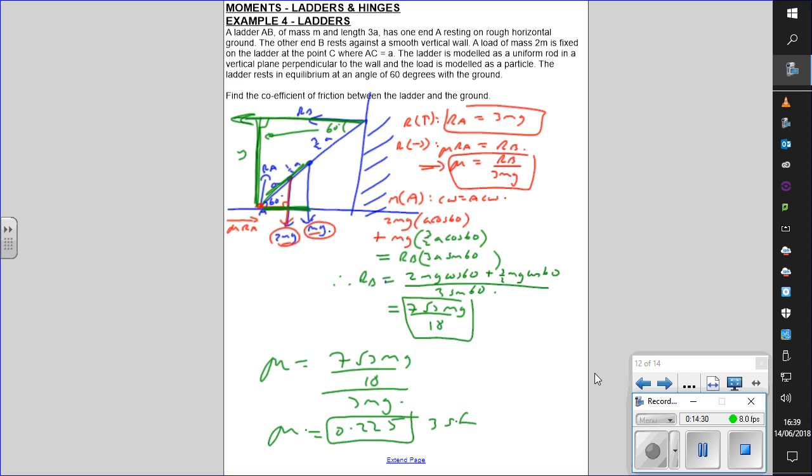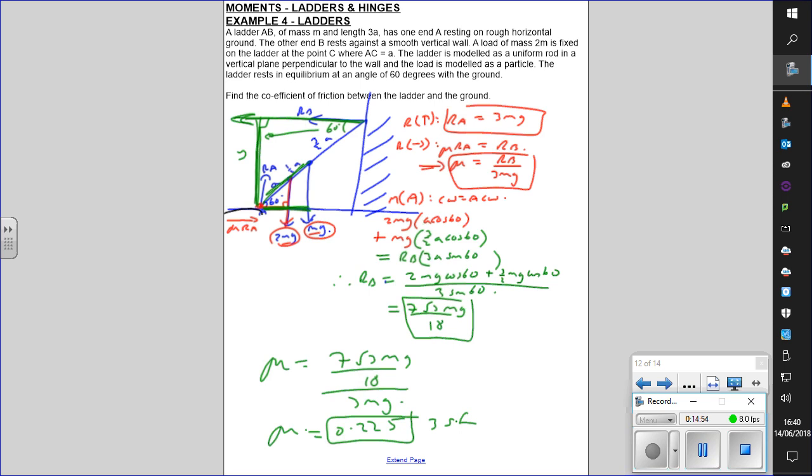Just to recap then, ladders, hinges, beams, resolve first, that's the easiest, then take moments. Remember, if the angle is opposite the force, you're going to use hypotenuse sine. If it's next to, hypotenuse cos. Always draw the force past the pivot point. Make your diagrams really accurate.